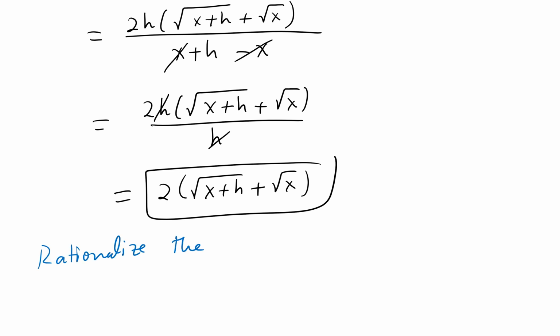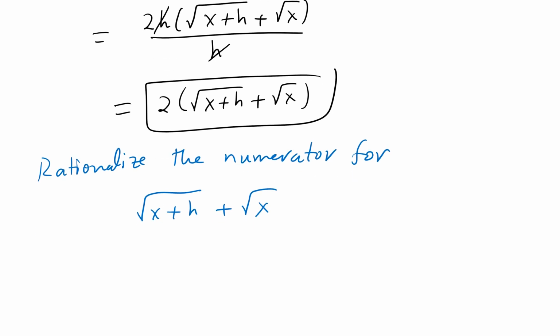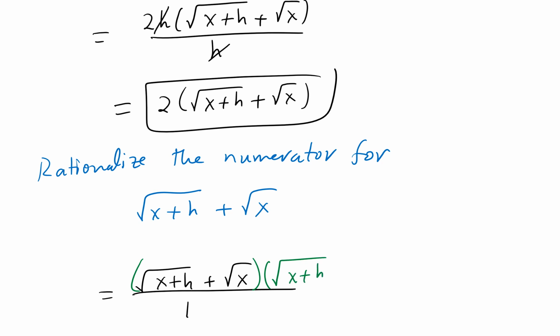So what about if they ask us to rationalize the numerator for the expression square root of x plus h plus square root of x? Well, there's no denominator here. That means it's over 1. So I can rewrite this as the square root of x plus h plus the square root of x over 1. Multiply top and bottom by the square root of x plus h minus the square root of x over the square root of x plus h minus the square root of x.